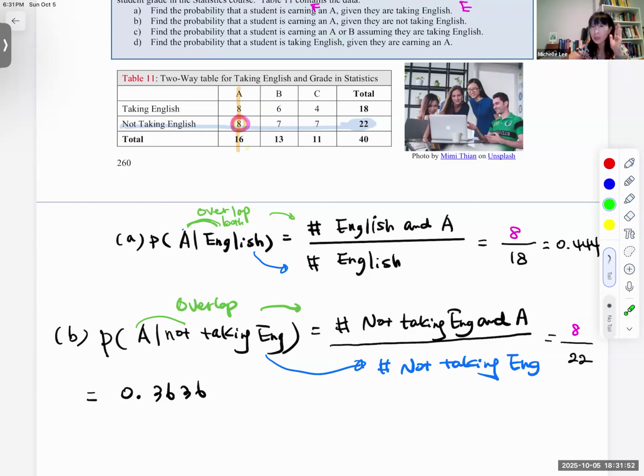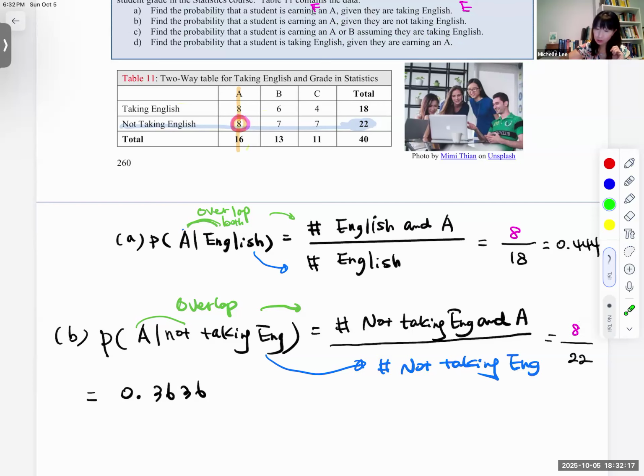Then, what did I say earlier? It is conditional probability: they are taking English, so given that condition, we want to know the probability.